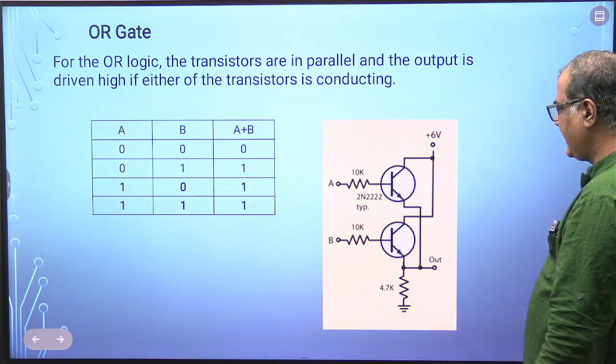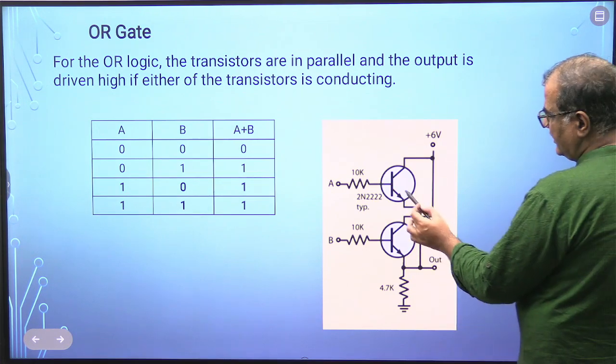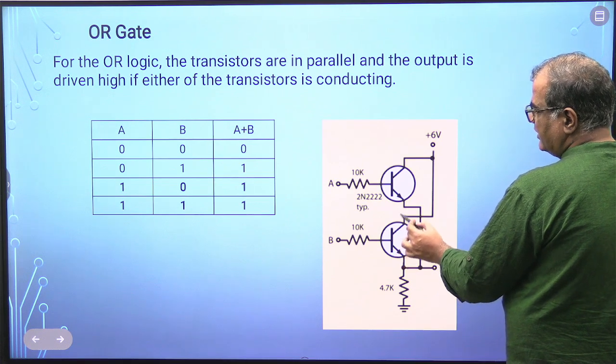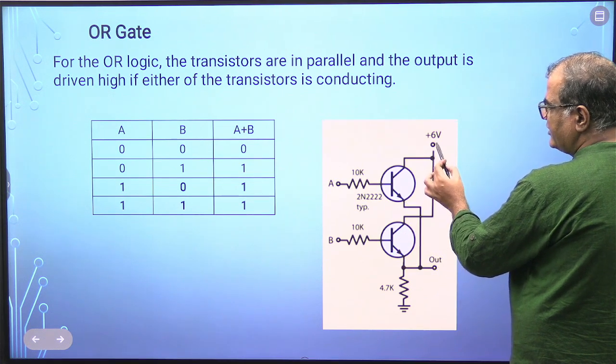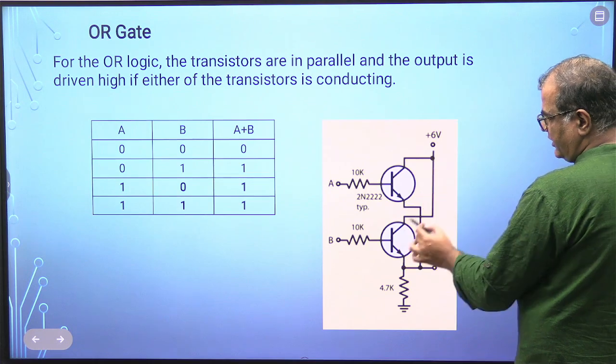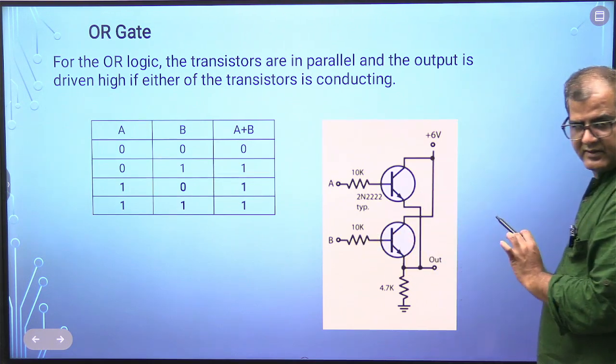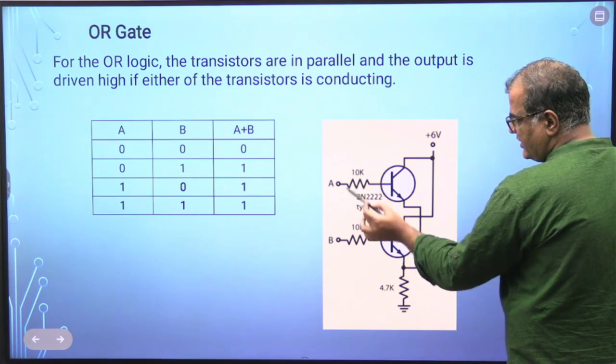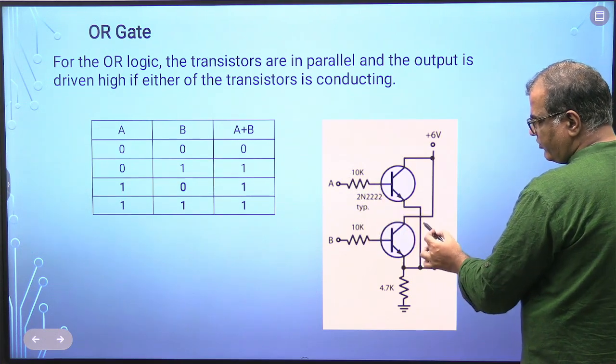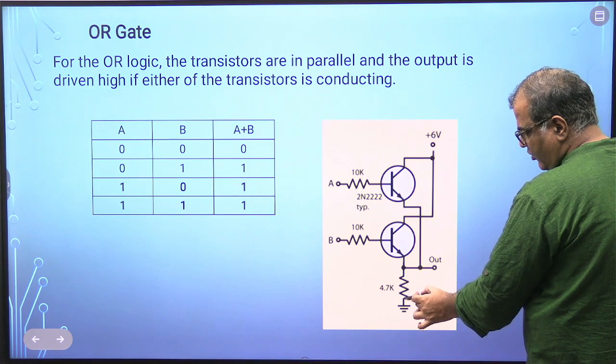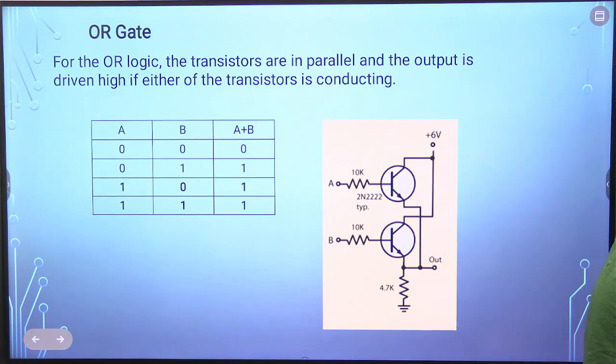Okay, now if any one is high. This transistor does not depend on the other's IC. This is directly connected to this high voltage. Suppose this is conducting, this is 1, this is 0, or this is 1, this is 0. Then also current will flow, and whenever current flows, the output will become high. Are you getting?